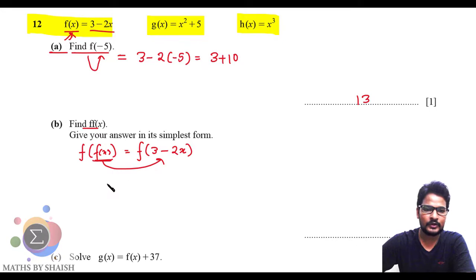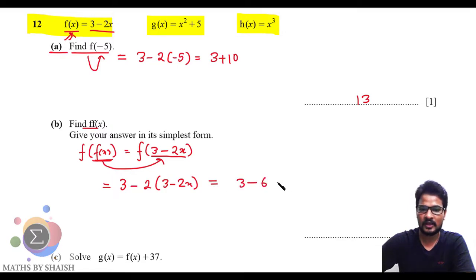And then we will use it again, because the input itself is 3 minus 2x, so we will use 3 minus 2 times input, and input is 3 minus 2x. So it becomes 3 minus 6, 2 2s are 4, so plus 4x, and it is minus 3 plus 4x, or we can write 4x minus 3. That's the ff of x.